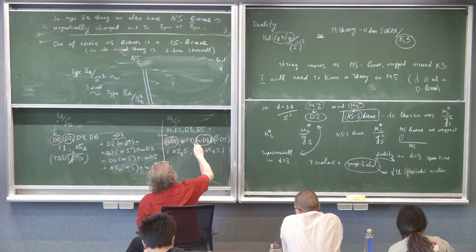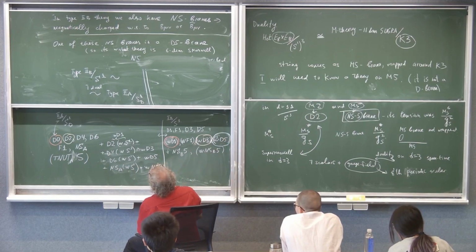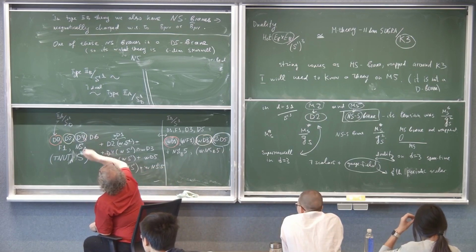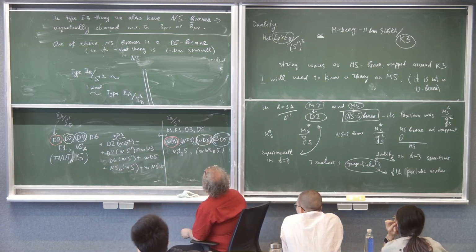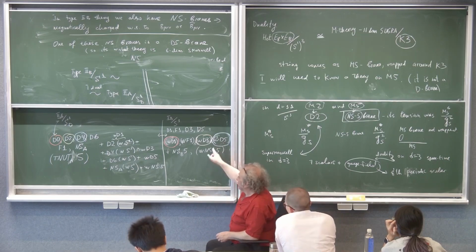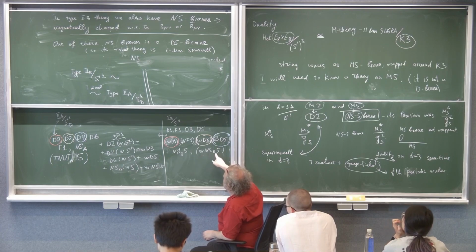I have, say, wrapped D5 and it goes to D4 and so on. Why is the wrapped NS5 brane a 4-brane? Okay, now you see I call it wrapped NS5 brane.